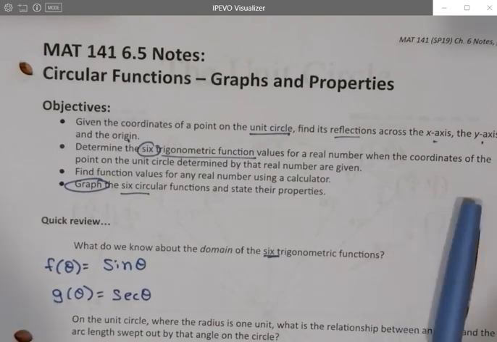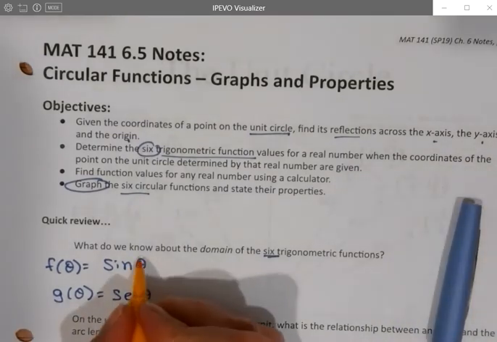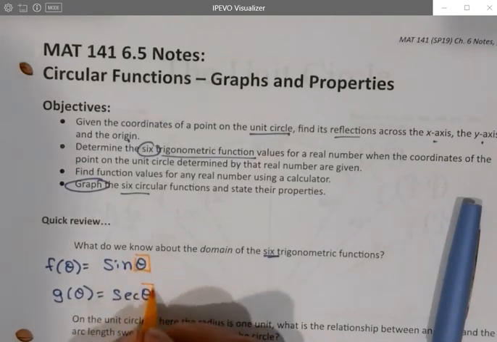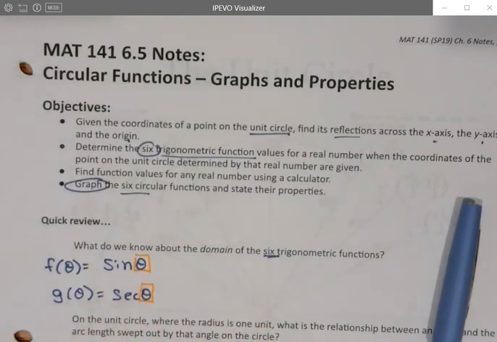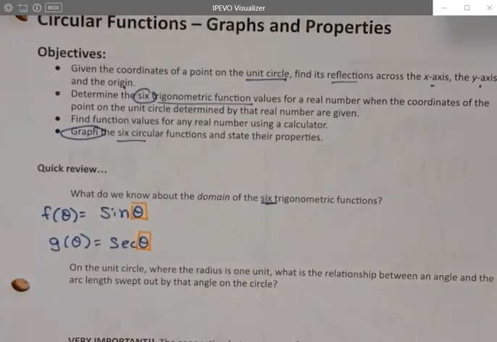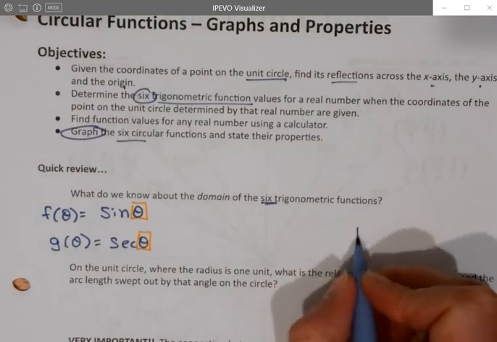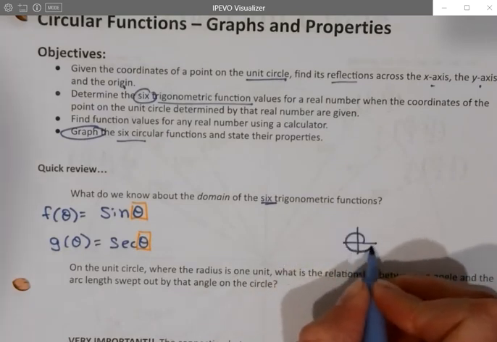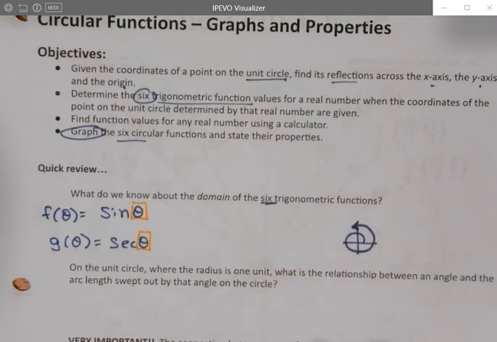But they have the commonality that they take in angles, and so if I want to talk about the domain, I want to talk about what kind of things can be inputted for those angles. We have talked about coterminal angles and angles that rotate all the way around, so they can be very large.